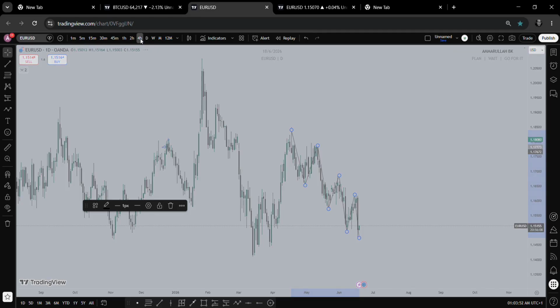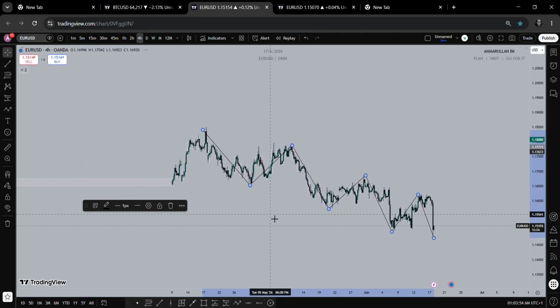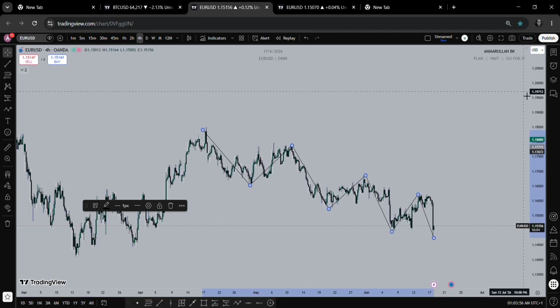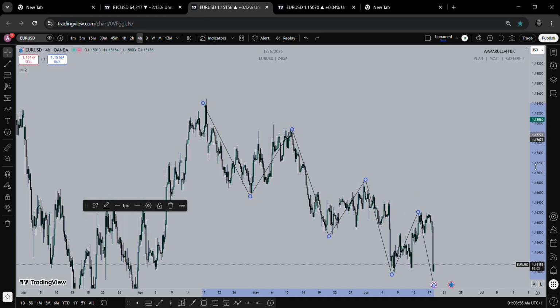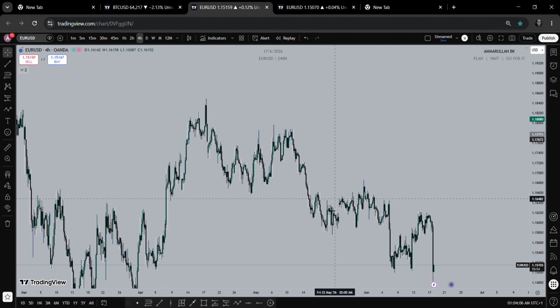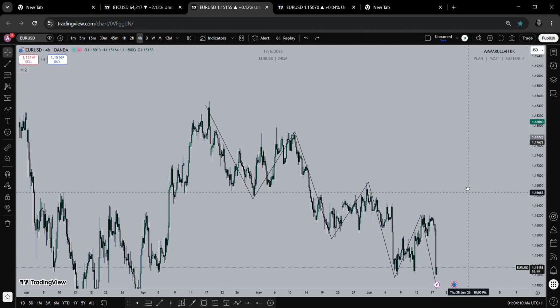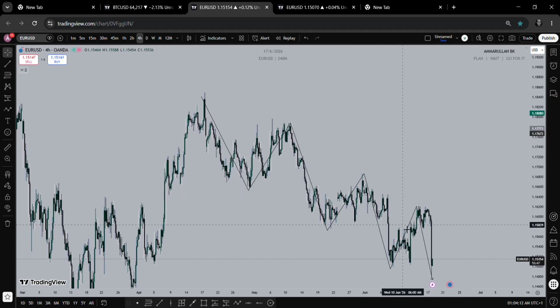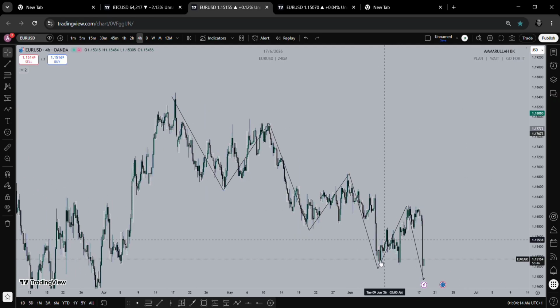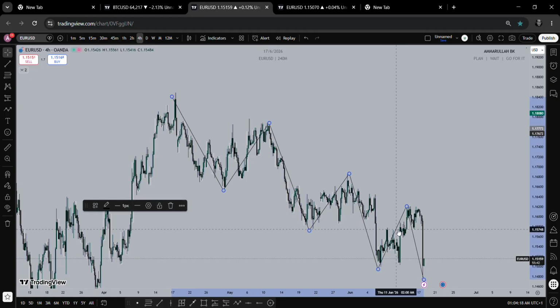Then I come down to the 4-hour time frame to see what particular things are there. As you can see, the 4-hour time frame too is currently bearish. You can see no external highs are breaking themselves, right? All the external highs are not breaking themselves. But at this particular place, let me remove this first.